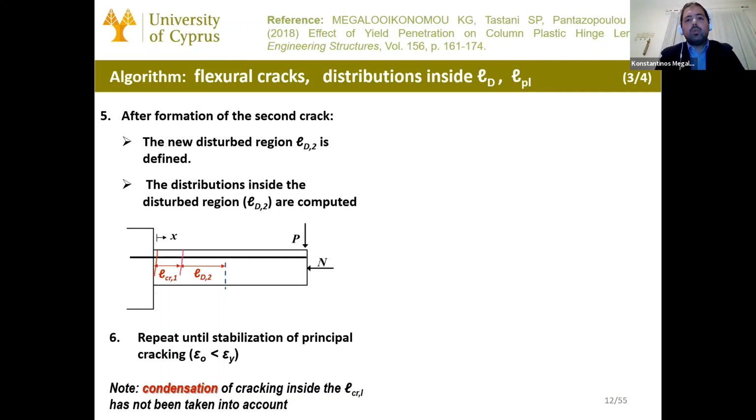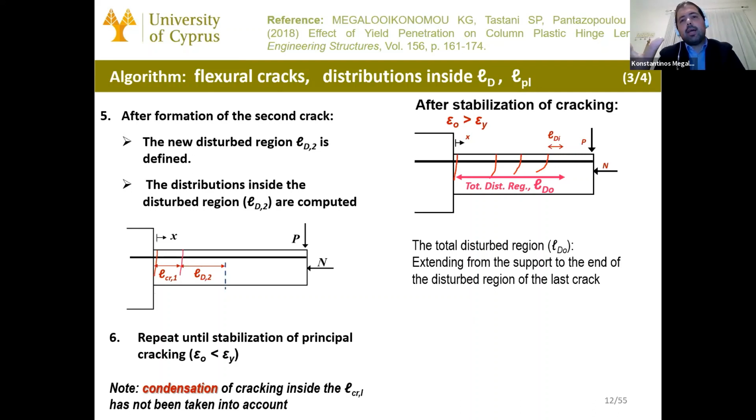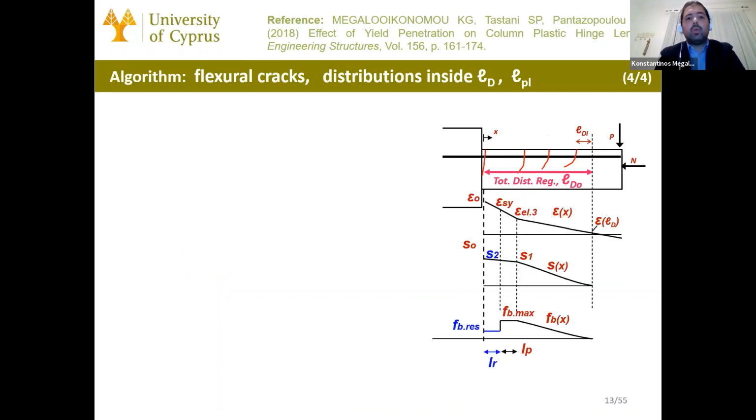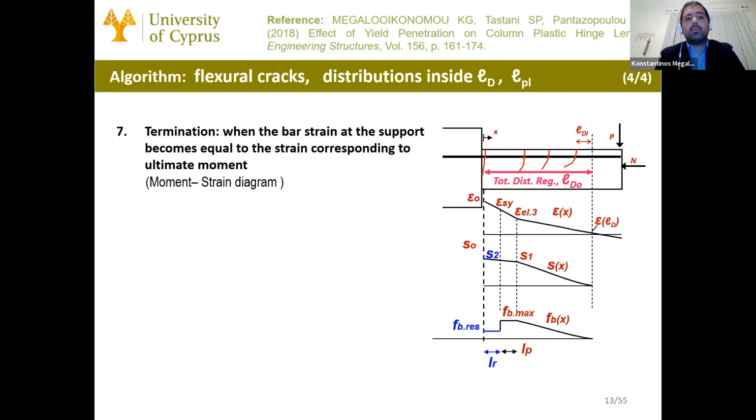And after stabilization of cracking, we define a total disturbed region, a region that starts from the support until the length of the disturbed region of the last crack. And we terminate the algorithm when the bar strain at the support becomes equal to the strain corresponding to the ultimate moment from the moment strain diagram.